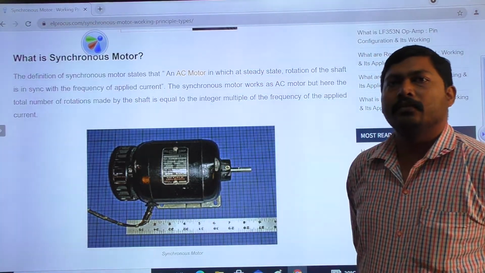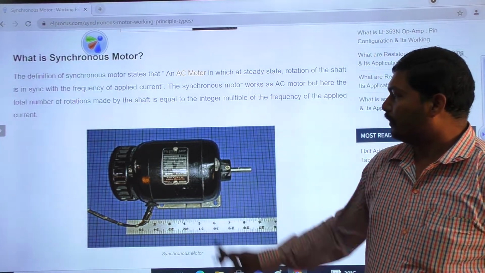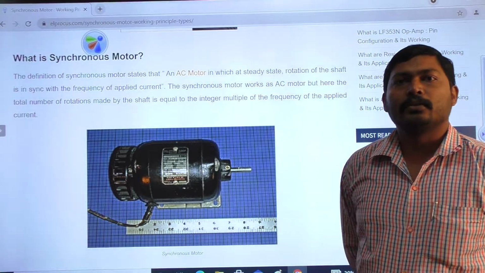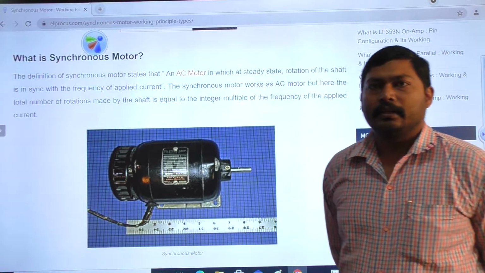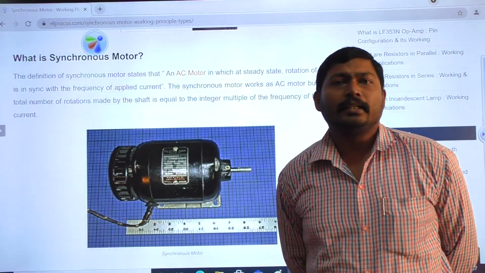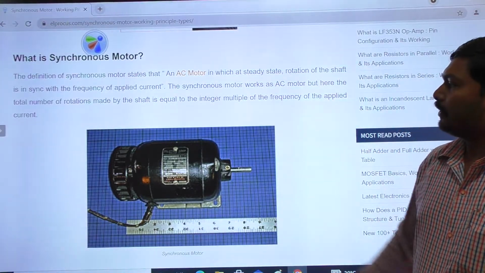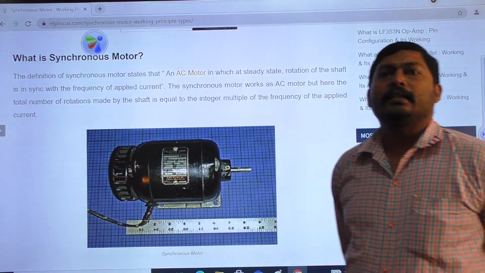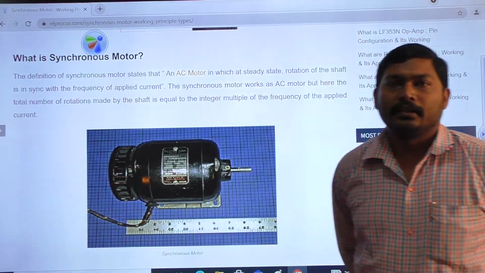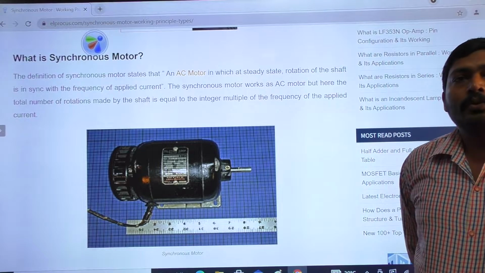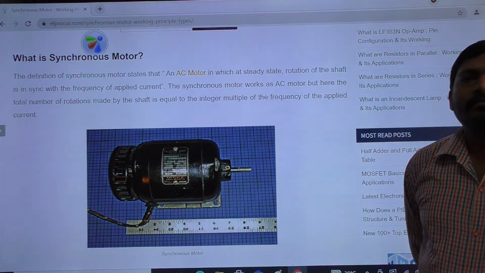Now if we put the DC supply onto the rotor side, it should rotate according to Faraday's laws of electromagnetic induction, but it will not rotate. Why? Because the inertia of the rotor is so high that it cannot respond to the quick reversal of this magnetic field. To overcome this, we make some modification.